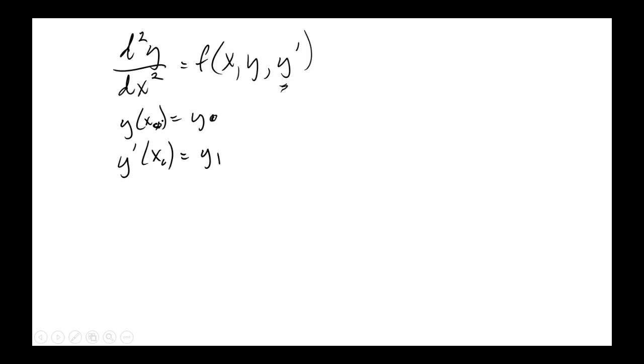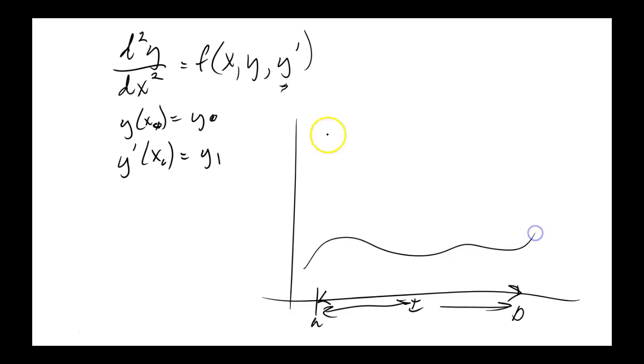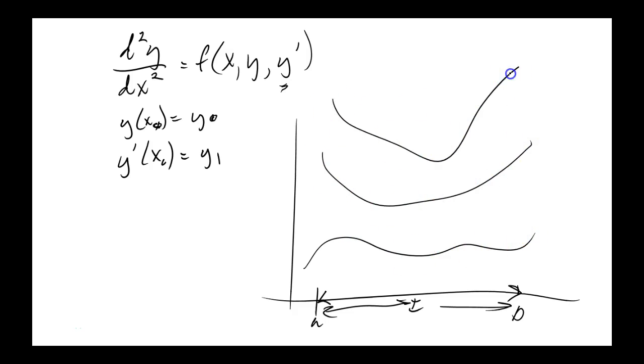Now, what that family of curves looks like would be something like this. Again, we're going to keep everything positive. It's just easier to do. We'll have this being our a here, and our interval I going over here to b. And here you could have a variety of curves.